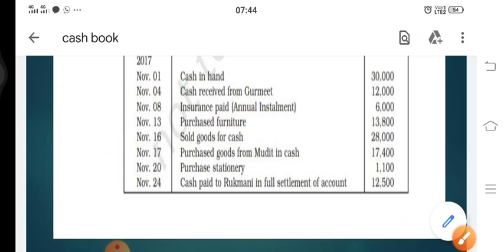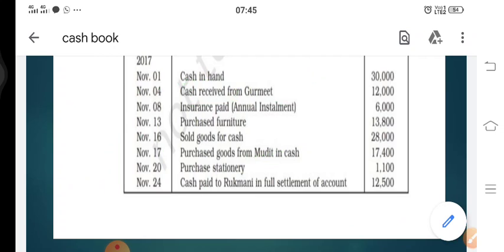If you look here, cash received from Gurmeet: since cash is coming into the business, it is a receipt. So we'll go to the receipt side and write Gurmeet 12,000. Then the next point is insurance paid. Since we have paid insurance, it is a payment.